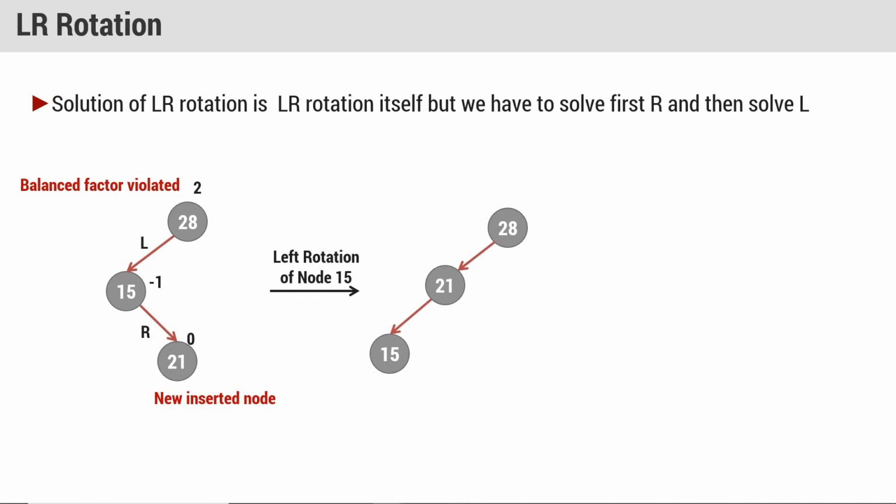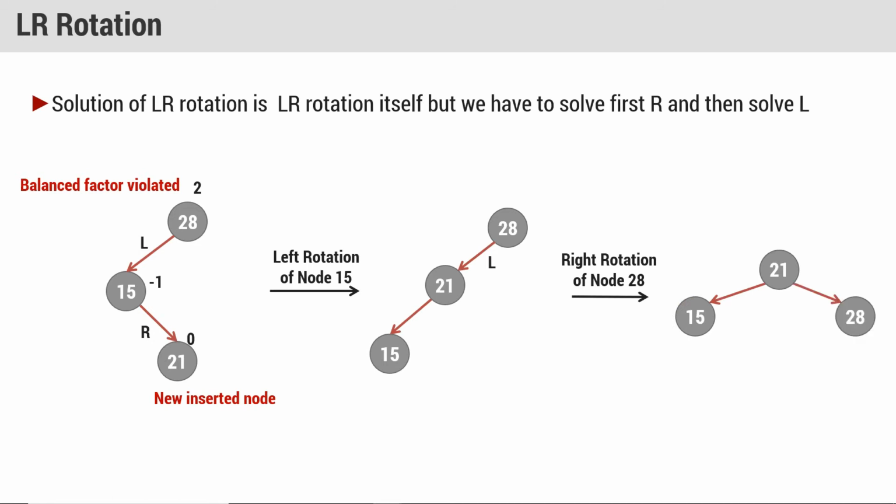Now one left rotation is complete, right? But this L problem remains now. So for this we have one right rotation. So right rotation at node 28, and by one right rotation our tree becomes like this. 21 becomes root, 15 becomes left child, and 28 becomes right child. So this is the LR rotation.